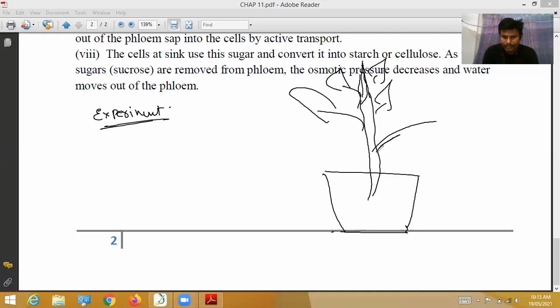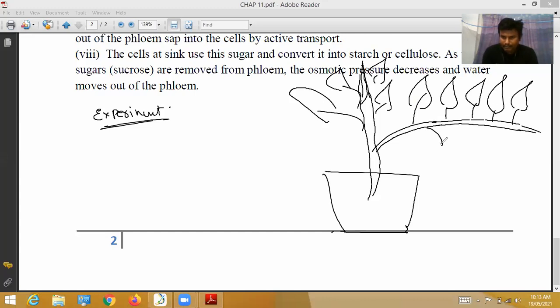It is a stem growing like this way, and it has leaves like this.